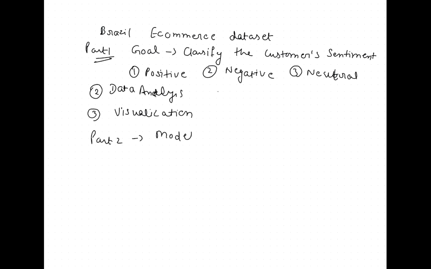So I have created this problem based on an NLP text classification problem, right? This is a multi-class classification problem. We are only using two features from the given data set. We are not using all the features for the model building because our goal is only to predict the sentiment of the customers, whether they are giving positive feedback, negative feedback, or neutral feedback, based on the given comment message.